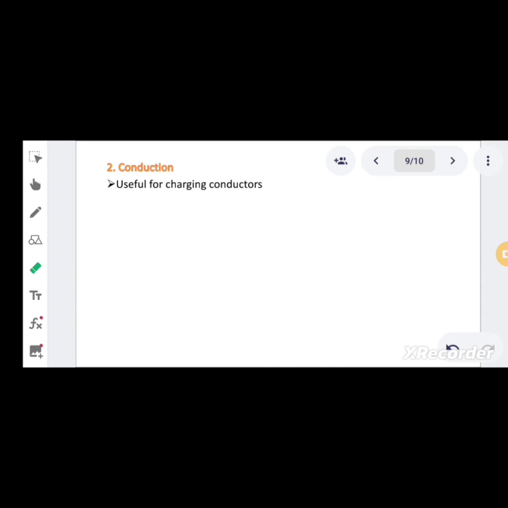Here, what happens? We bring 2 conductors, one of which is charged. Let us say it is positively charged, and we bring a neutral conductor, that is, it has no charge initially.